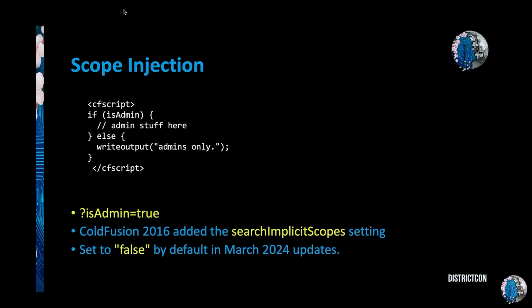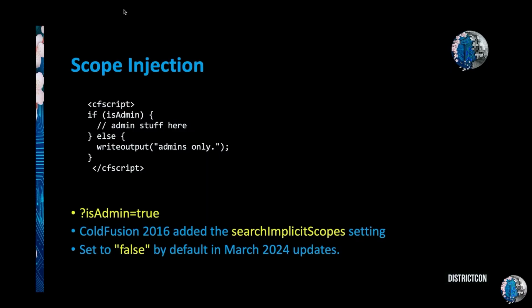This is kind of contrived code, but for a long time the idea of scope injection was a well-known ColdFusion vulnerability. If, for example, your code did something like check for isAdmin true or false, and that hadn't been set in your code, a user could come in and set isAdmin equals true in the URL.